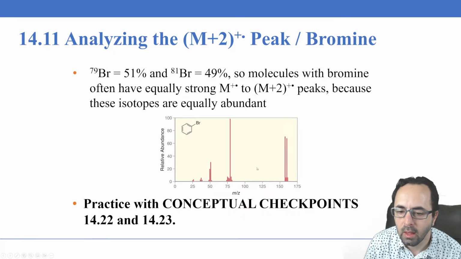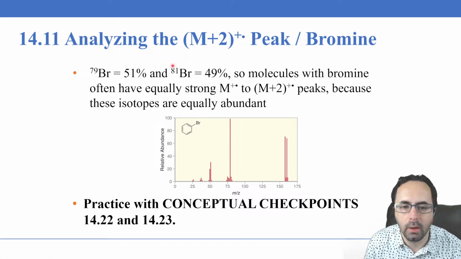If you have bromine, so for either chlorine or bromine, you're going to have an M+2 peak. But if that atom is bromine, your M+2 peak is going to be almost the same height as the molecular ion, because bromine has two common isotopes. One weighs 79 and one weighs 2 more, it weighs 81. And they're almost the same abundance.